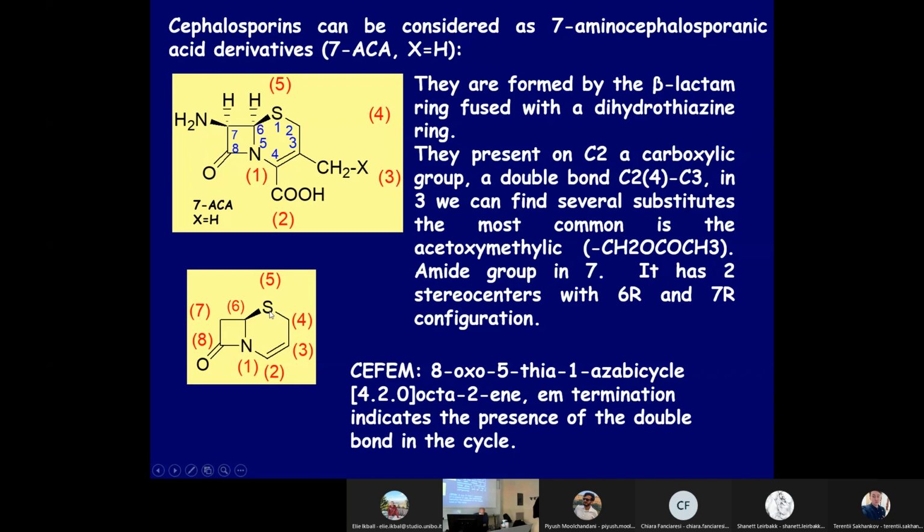Why 4? 1, 2, 3, 4 on your right. 2 on your left, 1 and 2, and 0 between the two bridgehead atoms. This is the reason for this name. The 'ene' is because we have a double bond in the cycle.